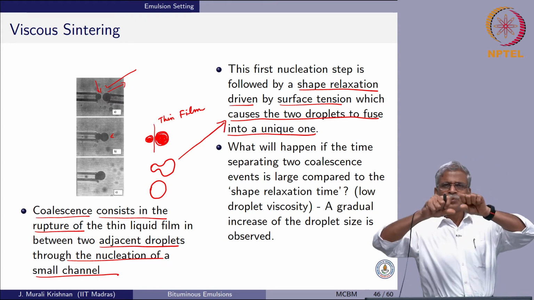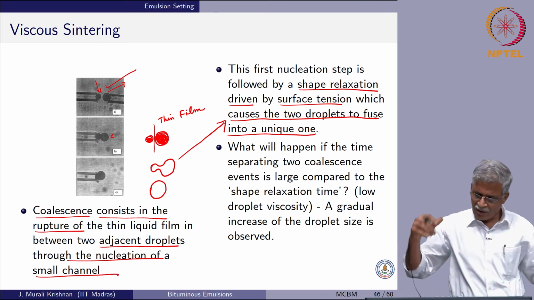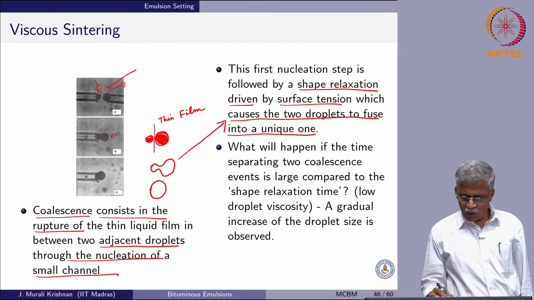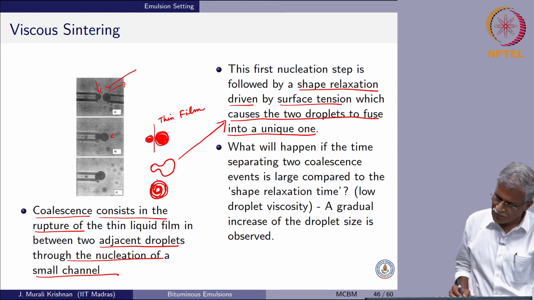So, they just come very close together, and then you get this dumbbell kind of shape. Now, the interesting part is slowly due to surface tension it starts contracting and becomes the typical spherical shape.